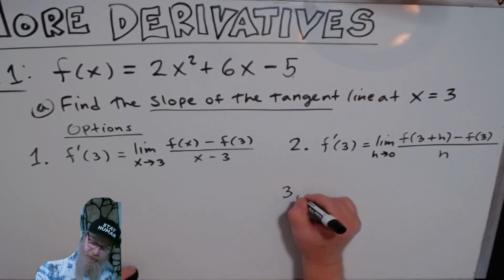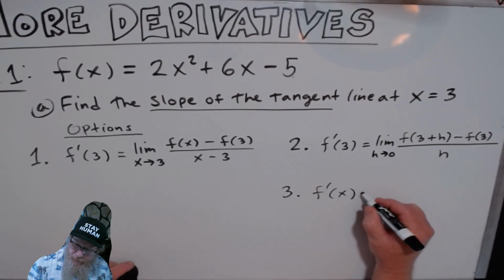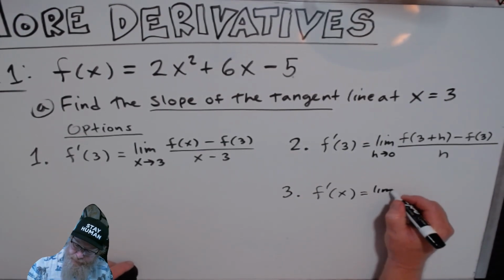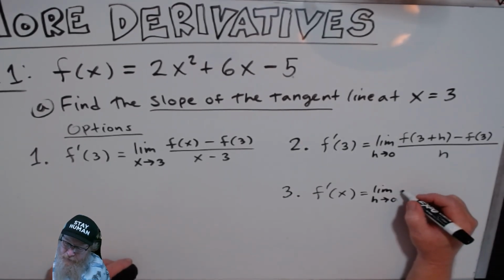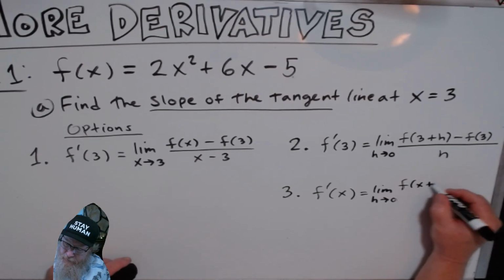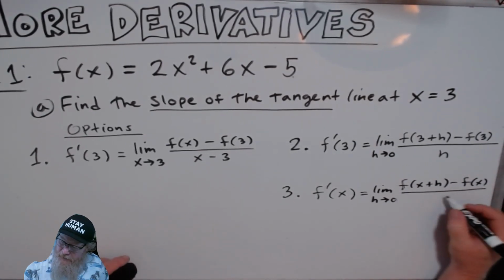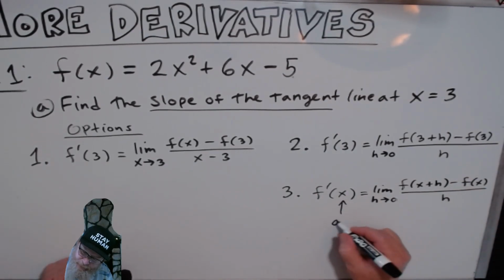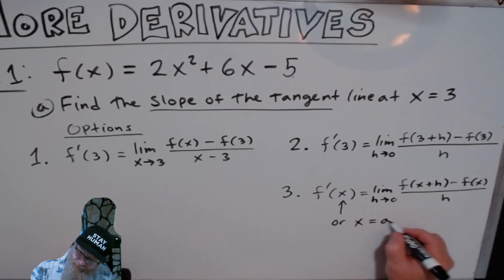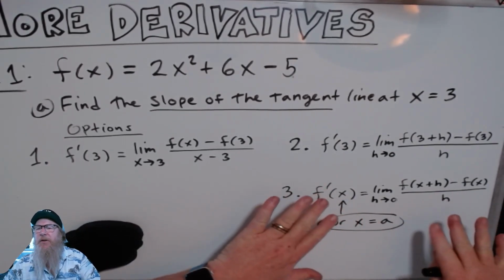My third option would be just to use a variable like x or a. Either way, this recipe always gives you the same result.